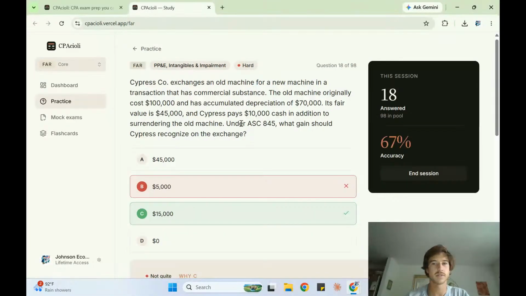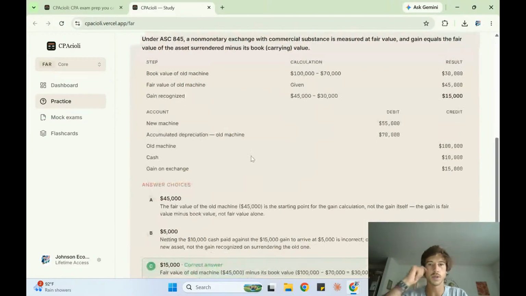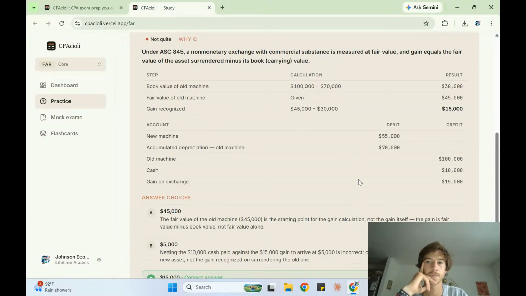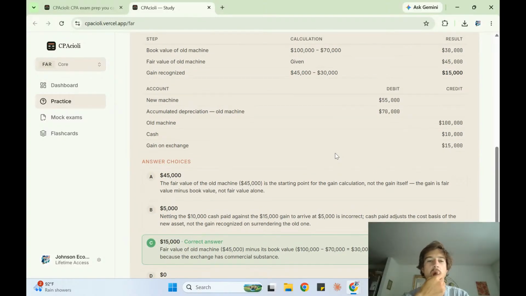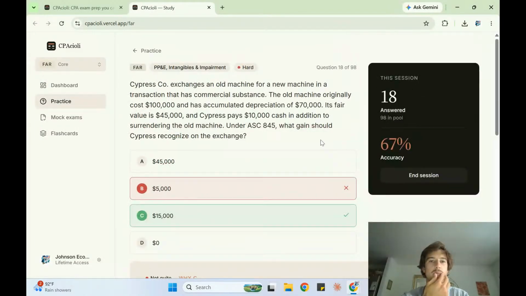That's 15. Huh. Cash paid adjusts the cost basis of the new asset, not the gain recognized on surrendering the old one. Interesting. Okay, the old machine.